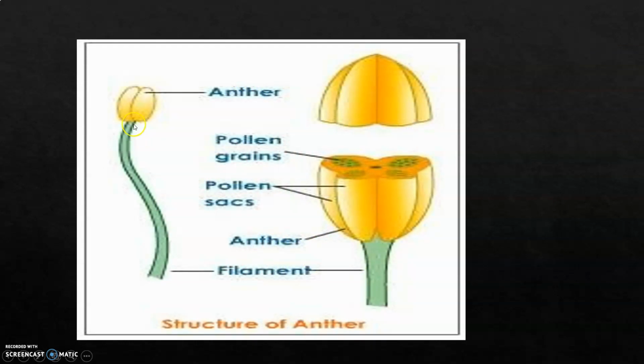Anther, as I told you, consists of this lower tube-like structure called the filament and the upper part which contains the pollen grains called the anther. Anther, when seen from inside, contains these small structures called pollen grains.